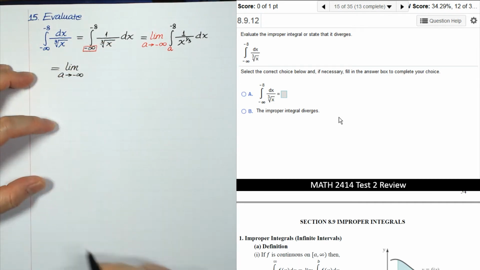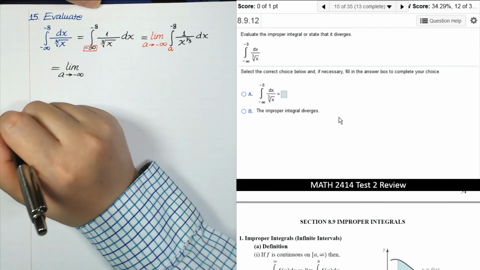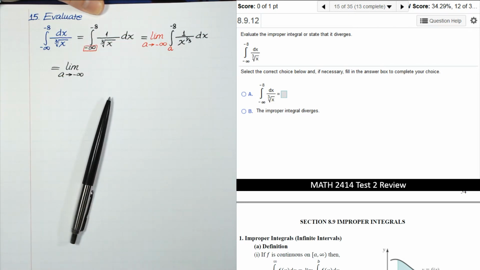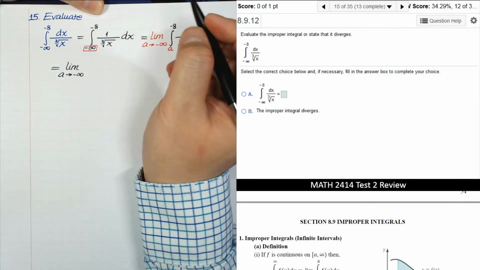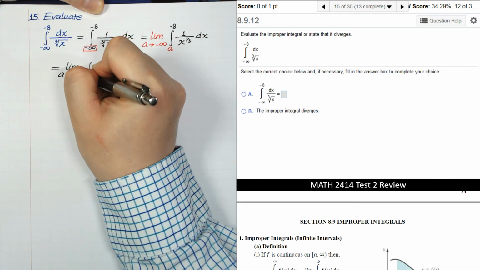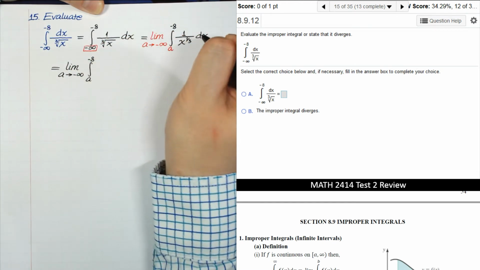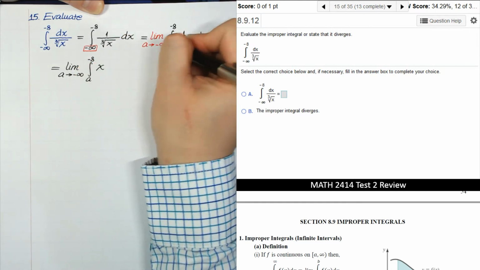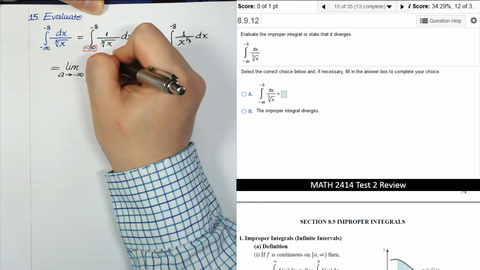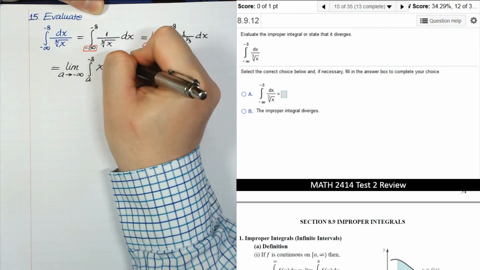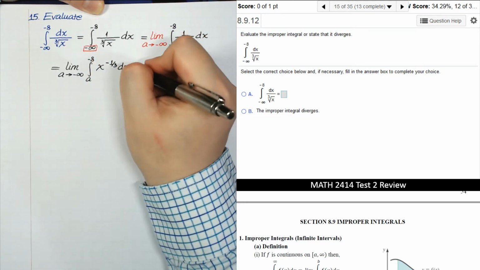Now we have this. Move the 1/3 from the bottom to the top, it becomes negative 1/3. Right, now integrate.